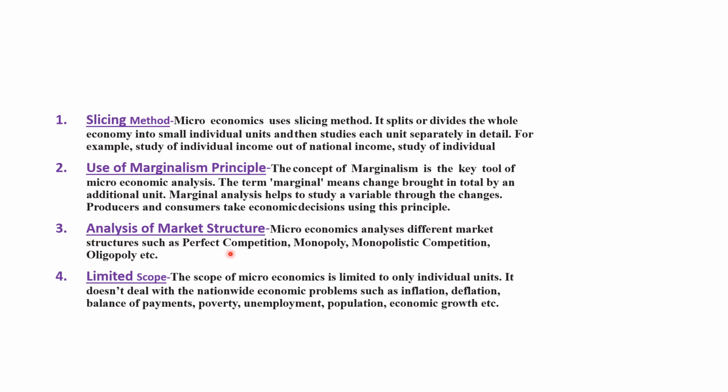Analysis of market structure. Microeconomics analyzes different market structures such as perfect competition, monopoly, monopolistic competition, oligopoly. So if I want to study, I'm not going to study the whole unit. I want to study them separately. So I should know how many markets are there. First is perfect competition, meaning there may be few, they are the price takers.